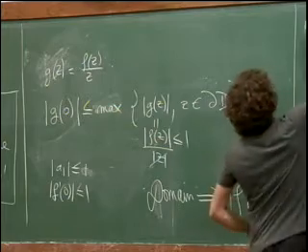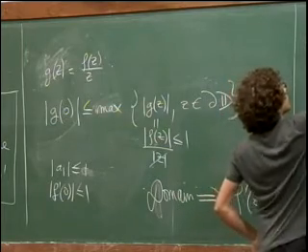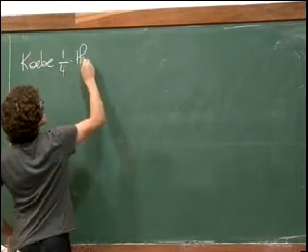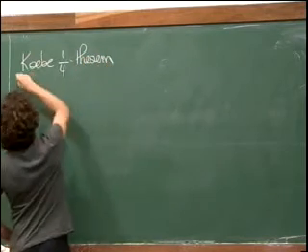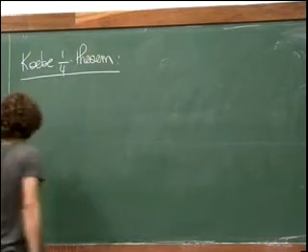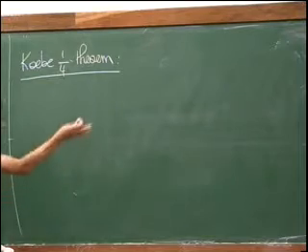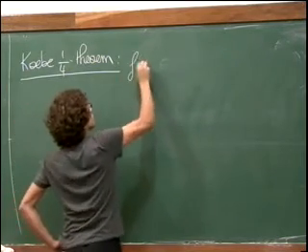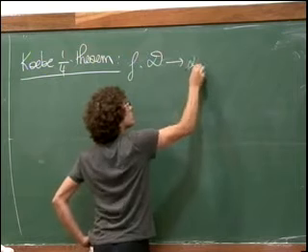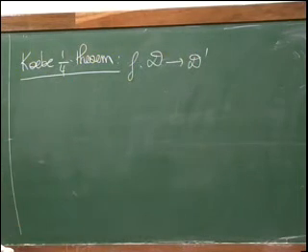OK, so now, Koebe 1/4 theorem. So this one looks the same as the other one. You take a map from D to D prime.